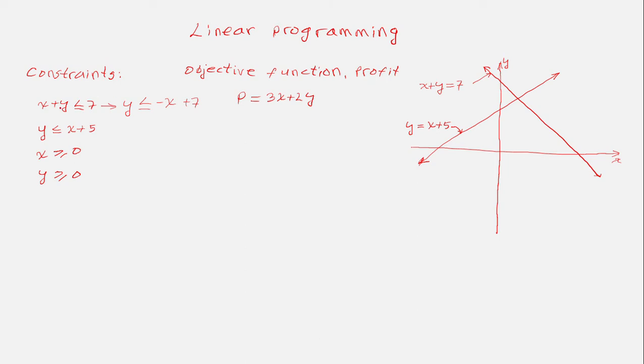So for this inequality, x plus y less than or equal to 7, the line would be right here. And since we have less than, y is less than the line, that means our shading would go this way.